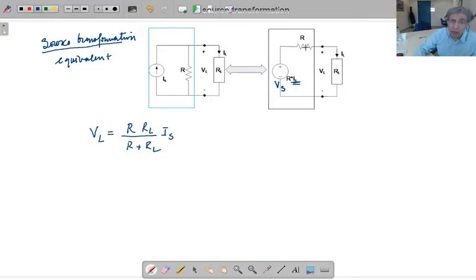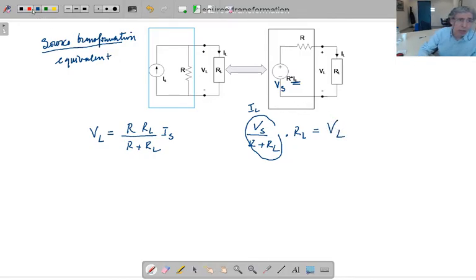Why is that? Because series elements' currents are equal. So Vs over R plus RL is that IL current. If I multiply IL with RL, then this is going to be equal to VL.